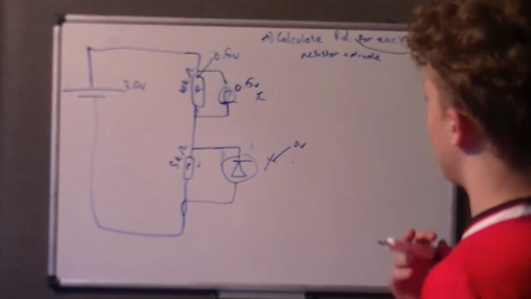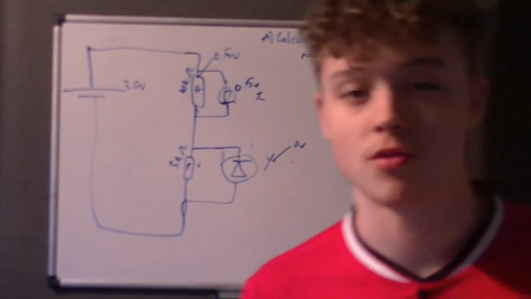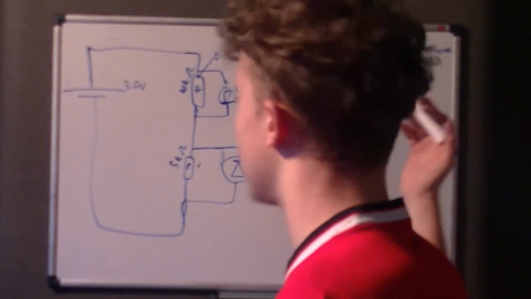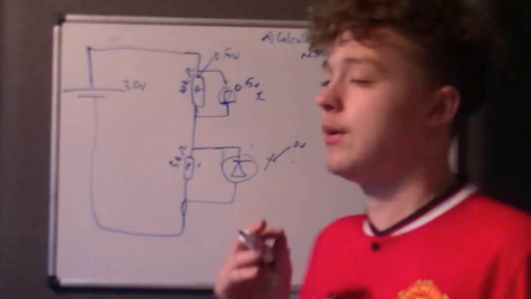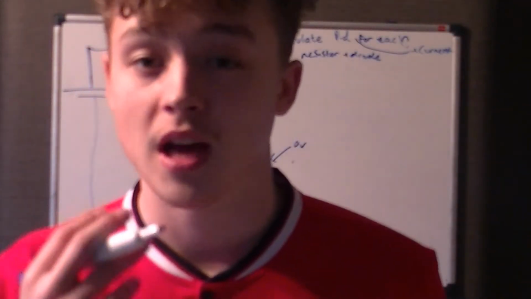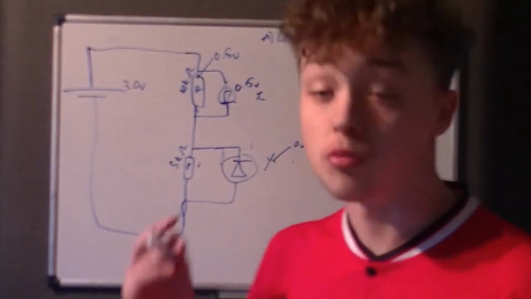Let's try and work out, because we're saying calculate the potential difference. It's asking us to calculate the potential difference and current for each resistor and diode. Now, potential difference is equal to the current times the resistance of whichever resistor you want to find out.